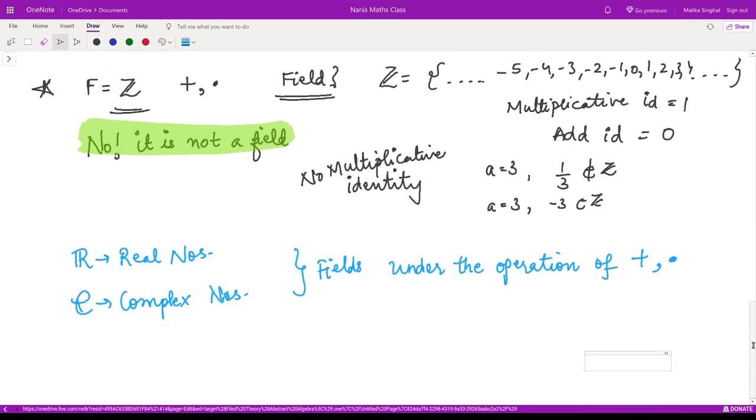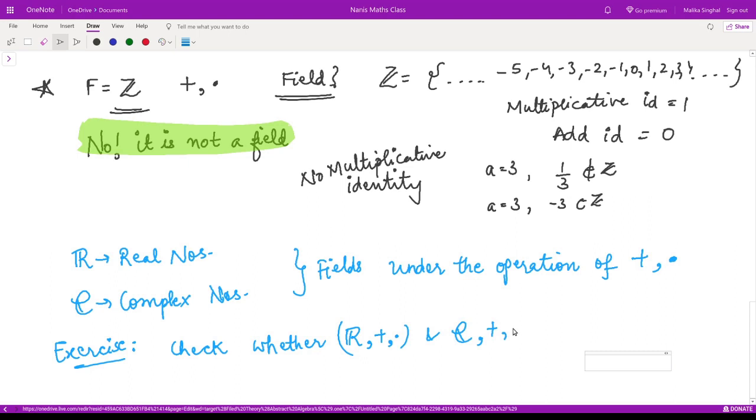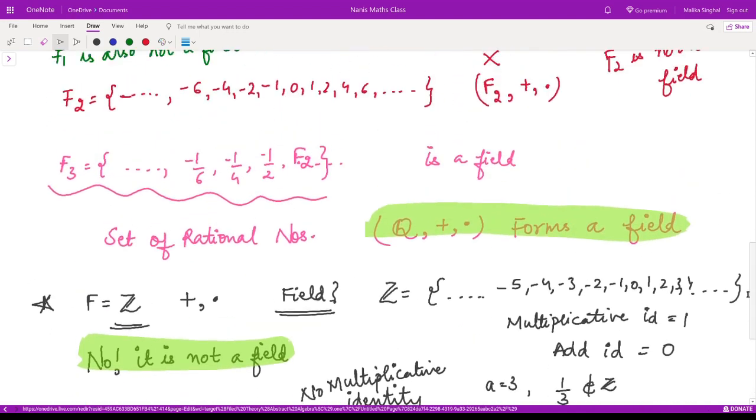This is an exercise for you: check whether R together with addition and multiplication and C together with addition and multiplication are fields or not. I told you they are fields, but still I recommend you to check every property so that you are habituated to these kinds of things, right?